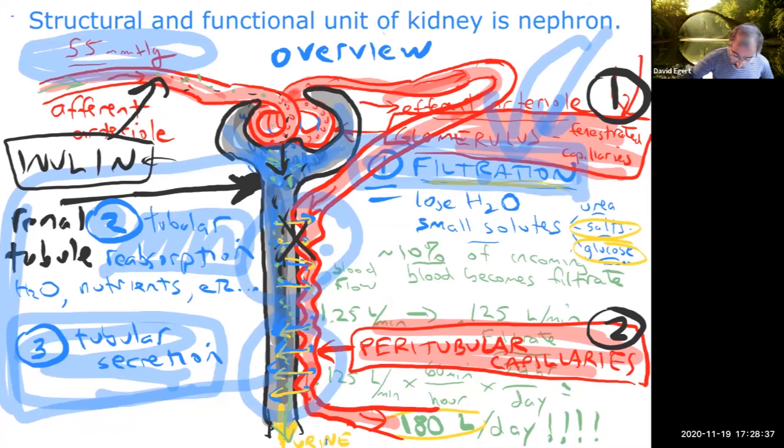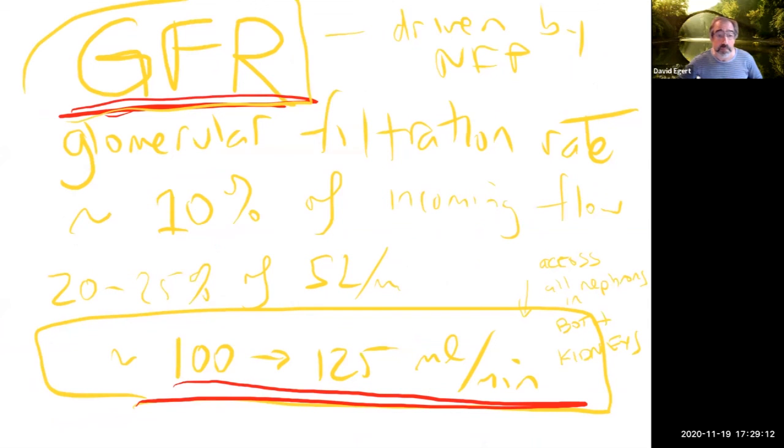So any of the inulin that leaves the capillaries and becomes filtrate is going to end up becoming urine, since it is not reabsorbed or secreted. So you just look at the rate that inulin is showing up in the urine that's forming, and that gives you a readout on the glomerular filtration rate. So you can get a measure of GFR by using this inulin test, which is kind of cool. So GFR, glomerular filtration rate.